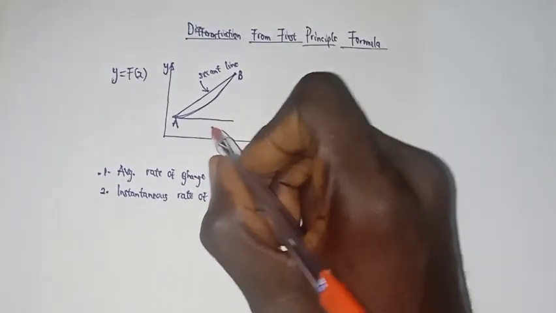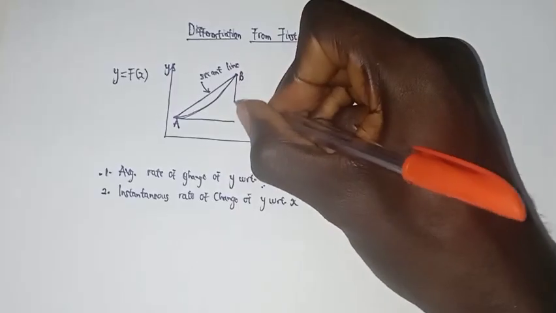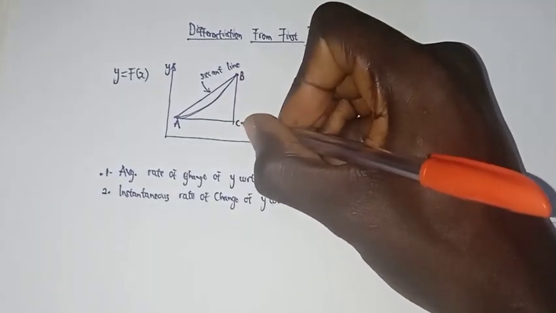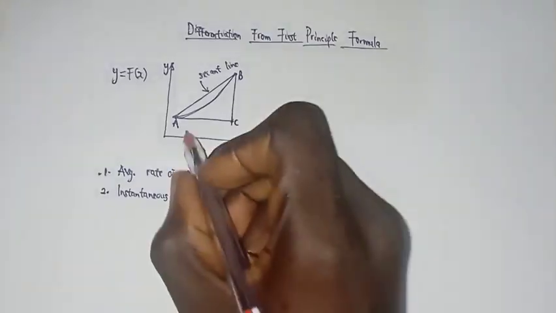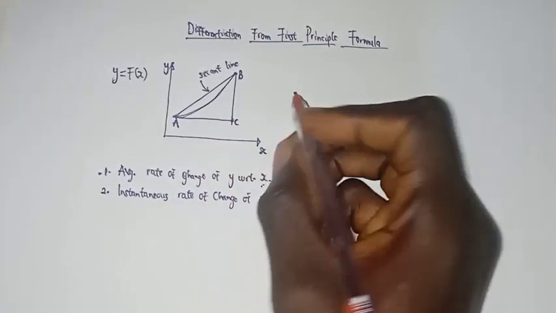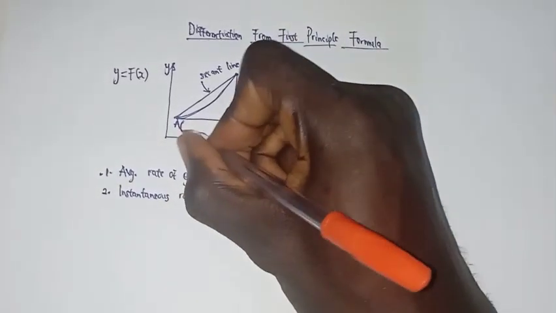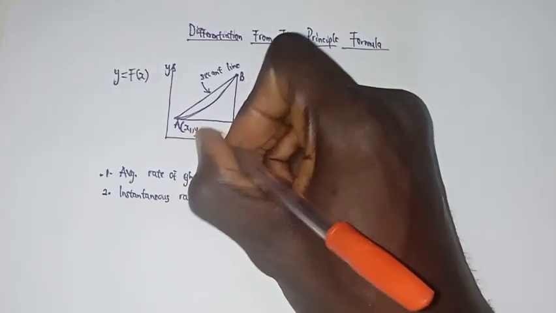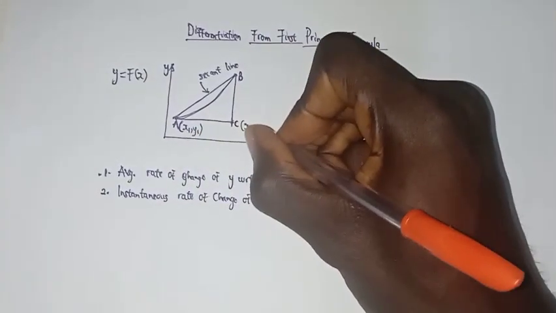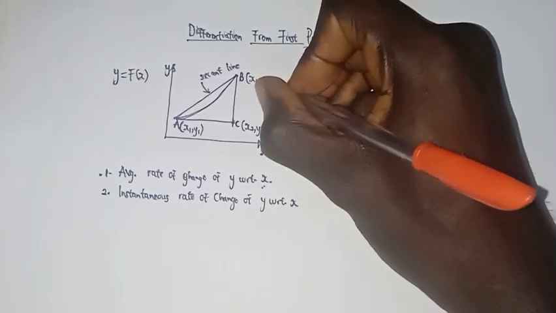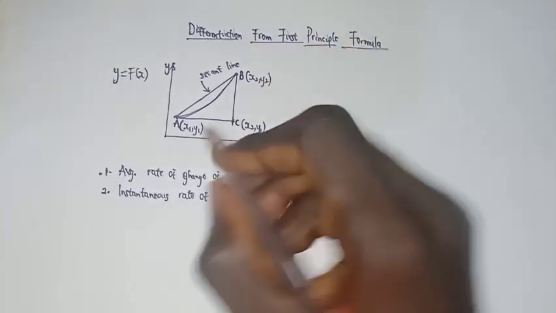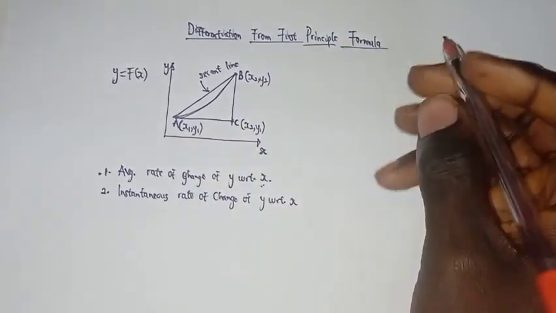So a line connecting A and then another point, let's call this point C. Now each of these points has coordinates. A is x1, y1, and C is x2, y1. B is x2, y2. So these are the coordinates for the three points.